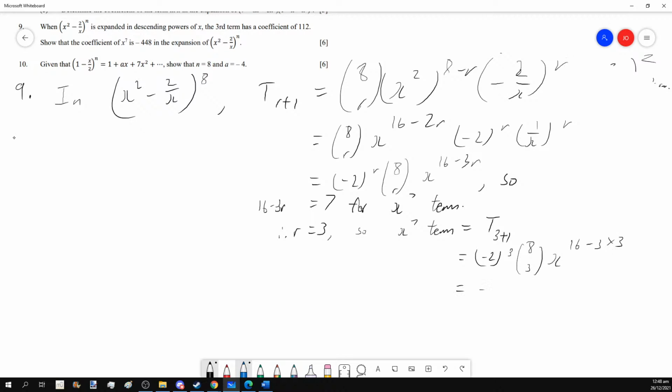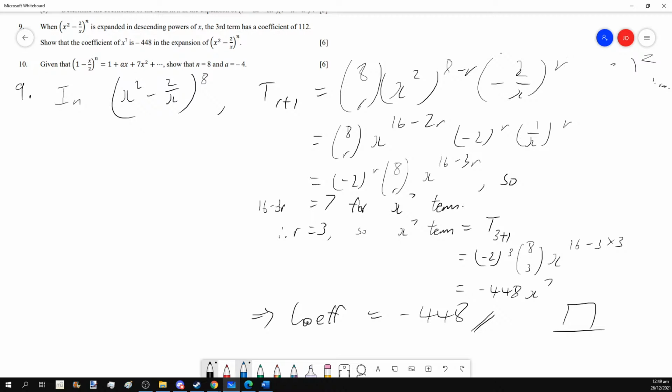And this will give us negative 448 x to the power of 7, which implies that the coefficient is indeed negative 448, which is what we wanted to show in the first place, QED. And we are done. Right? So nothing exceptional here, honestly.